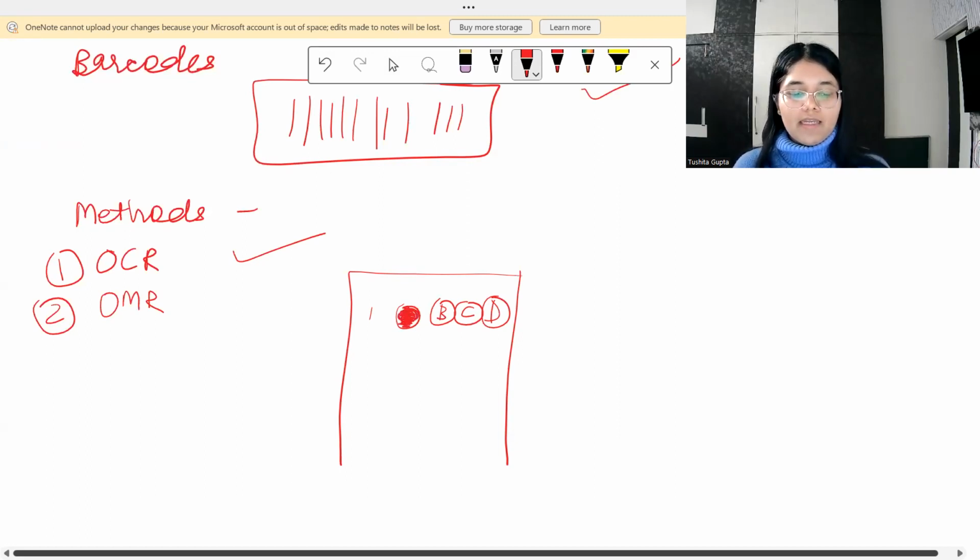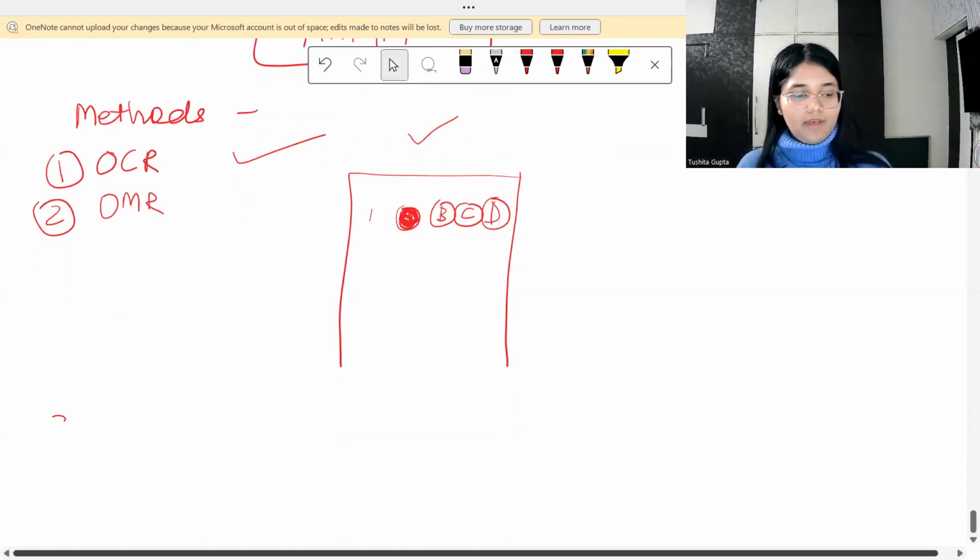And if you fill this in, the computer will automatically check your answer, recognizing the circled option and checking your copies. A lot of Olympiads which used to happen back in our schools used the OMR technology. So this is also another way to capture data directly.